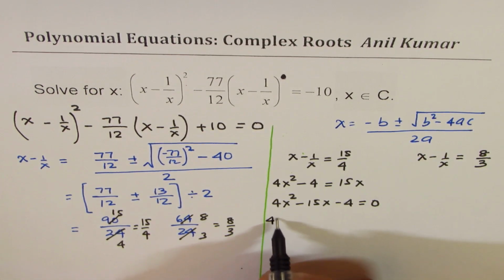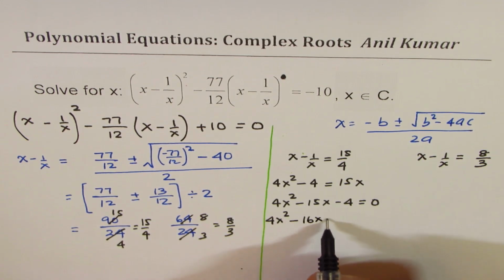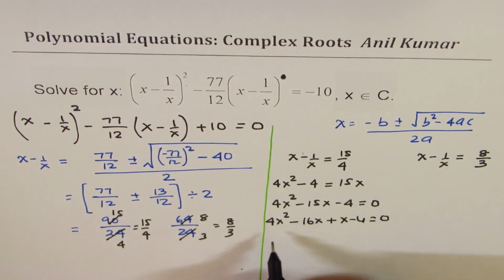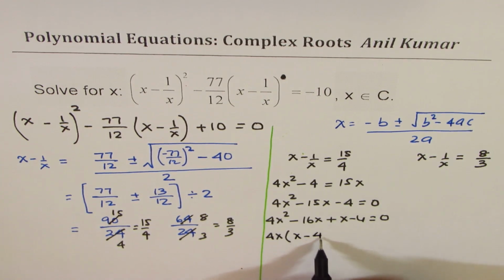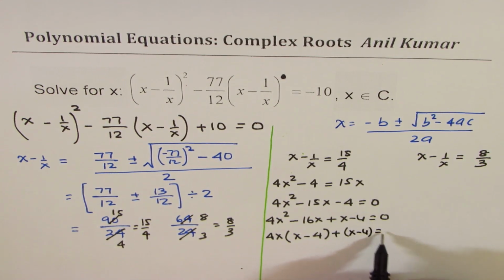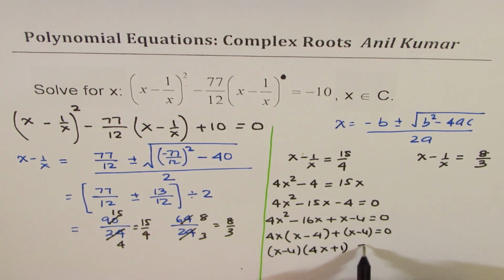So we can write this as 4x squared minus 16x plus x minus 4 equals 0. You can take 4x common, so you get x minus 4. And here you can take 1 common, x minus 4 equals 0.